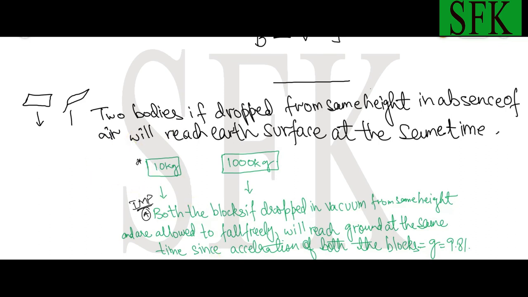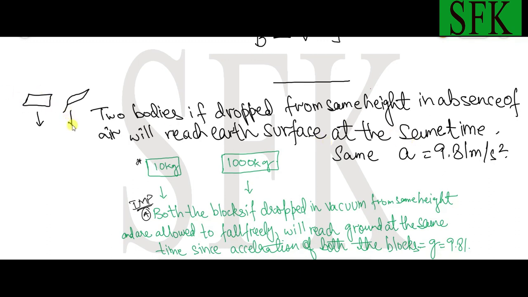Reason is because the two bodies have the same acceleration, which is 9.81 meters per second squared. So their speed will increase at the same rate, and they'll reach the Earth's surface at the same time.